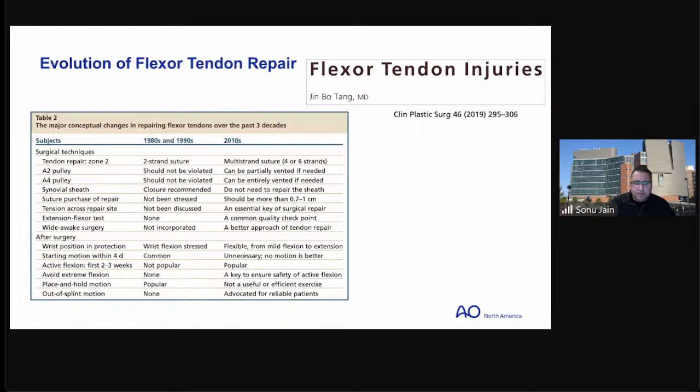We talked about A4 and A2 not being violated, and A2 can be partially vented, and A4 can be completely vented if needed, and that you don't have to repair the sheath, and you want to really focus on the amount of grasping of tendon that you take when you're doing the repair, so you're not trying to repair the tendon like a nerve. So these are things, and obviously Dr. Tang is here, so he will describe his techniques in more detail. But you can get this from Clinics in Plastic Surgery. It's really good and gives you a nice summary of how to look at flexor tendon repair today.